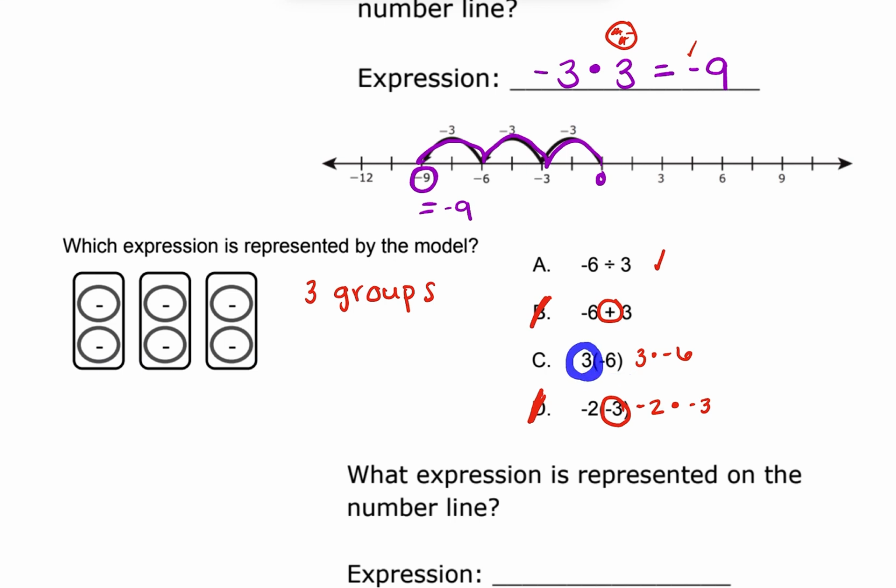C means I have 3 groups of -6. So that means I would have to have 6 in all of these, which is not what I'm doing here. So my answer in this one is A, because we have a total of -6, and then they broke it into 3 groups, which is what division means.